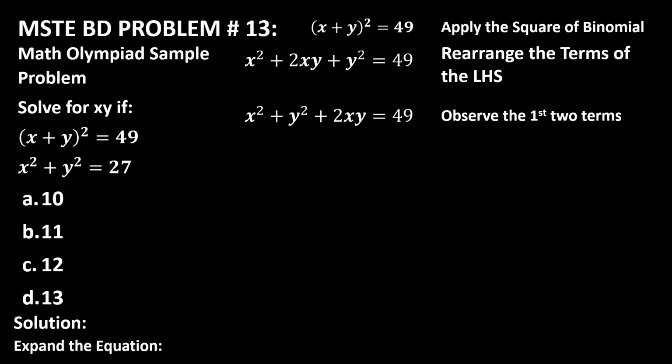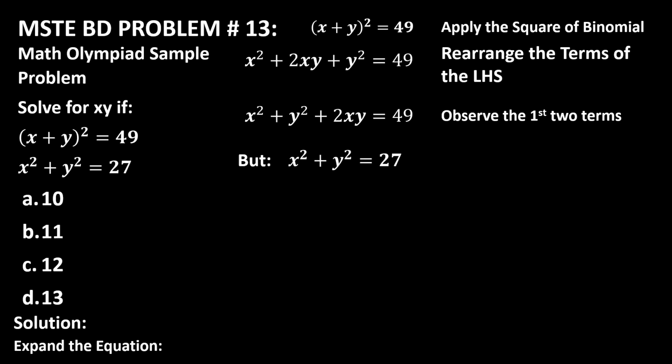And then the next thing to do is to observe the first two terms. Now what do we observe? The first two terms are x squared and y squared. But x squared plus y squared actually has a value. Look at our equation number 2, which is x squared plus y squared equals 27.